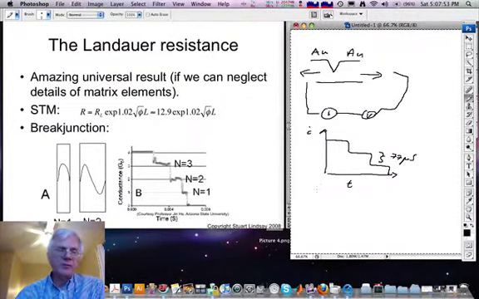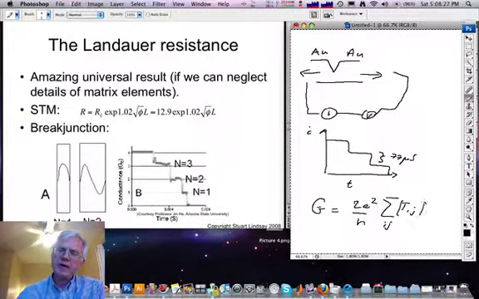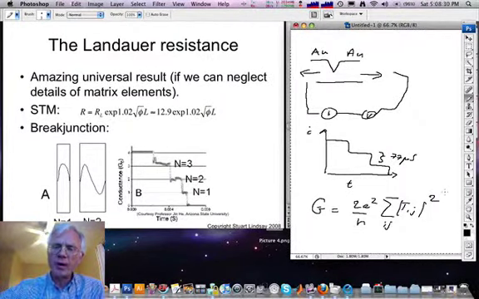One final use for this very remarkable result is to calculate the conductance if we are not actually in contact. This will turn out to be very useful in molecular electronics. So a result due to Landauer and Buttiker is that it is this universal conductance, 2e squared over h, but times the sum of all the transmission probabilities through the various channels connecting one electrode with the other.